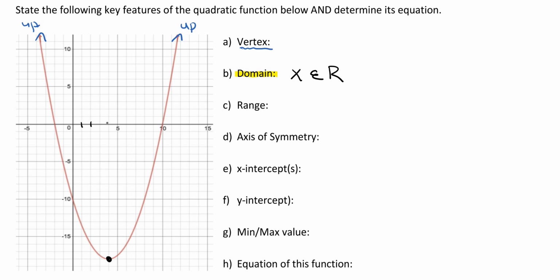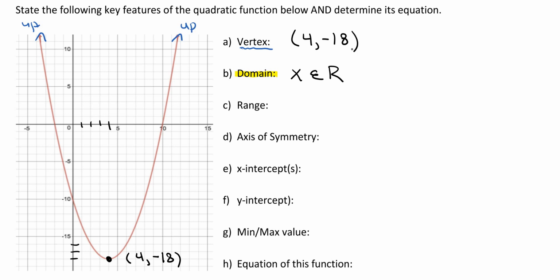So 1, 2, 3, 4. So this is 4, comma, then negative 15, negative 16, negative 17, negative 18. So it looks like it's (4, -18), just by inspection. So the vertex is (4, -18).